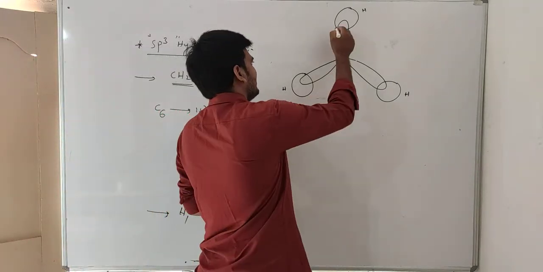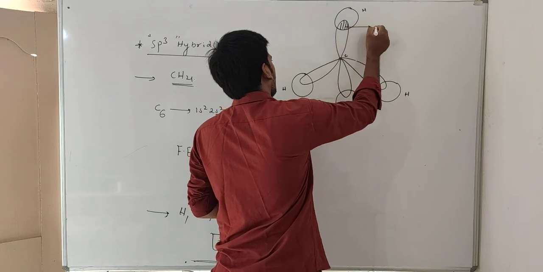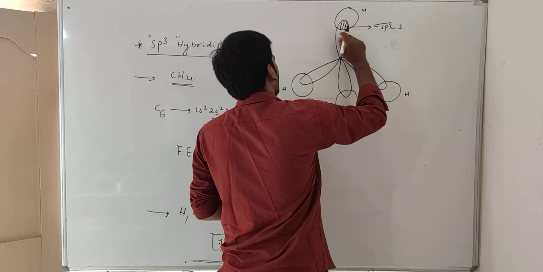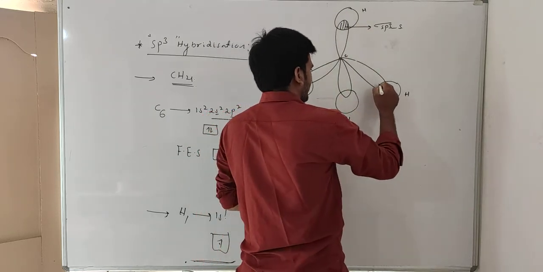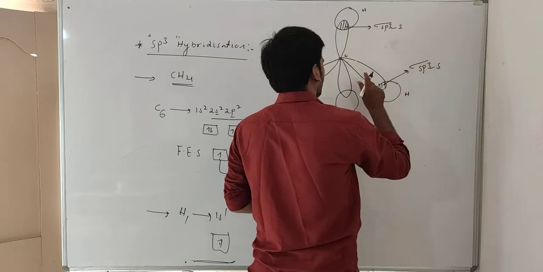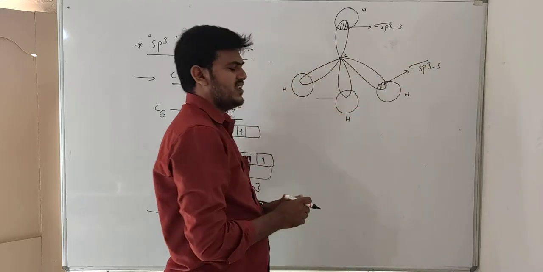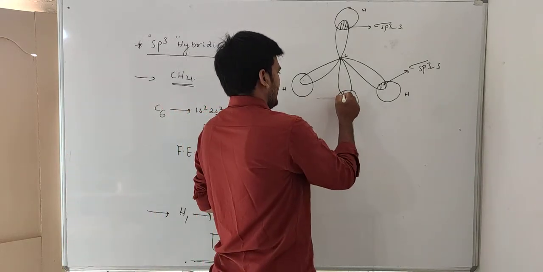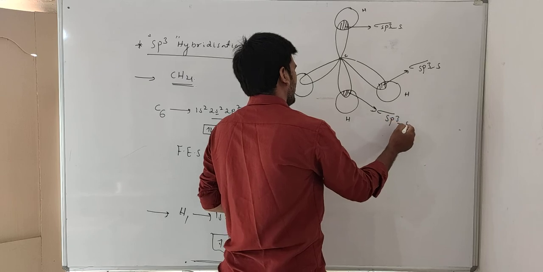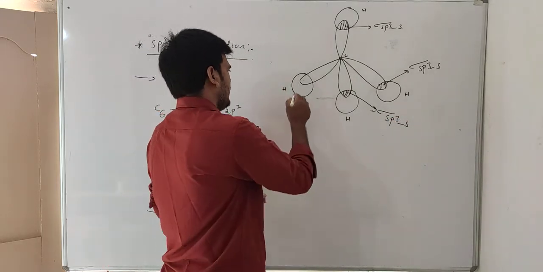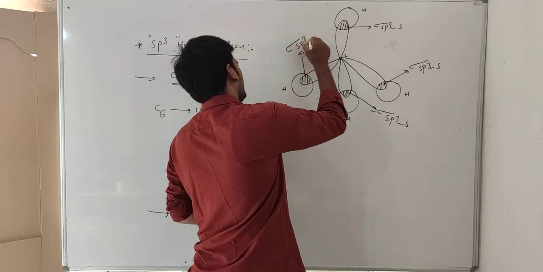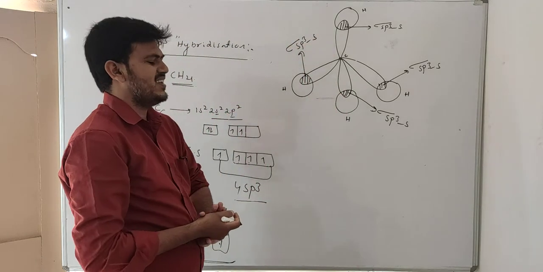And this is a sigma sp3-s bond. The same, sigma sp3-s bond, the sp3 hybrid orbital with the s orbital. And the fourth one is also a sigma sp3-s bond. So 4 moles of sigma sp3-s bonds.